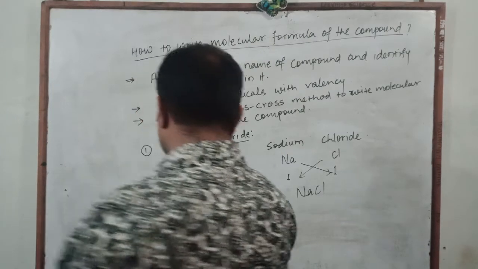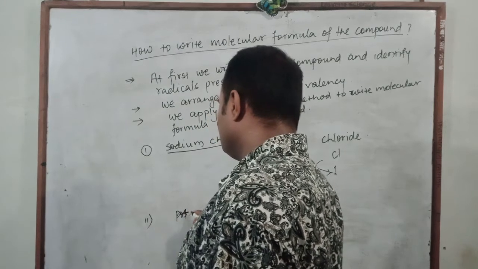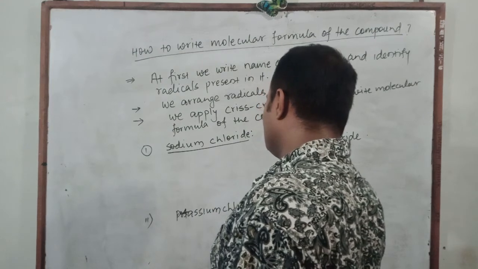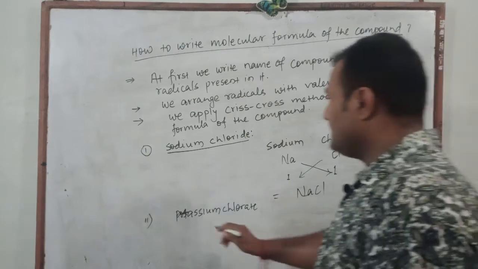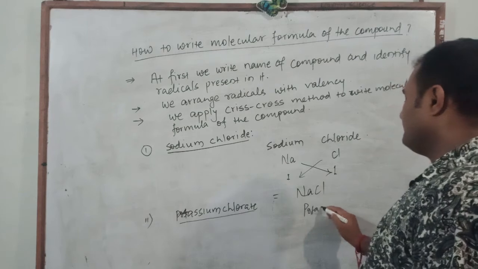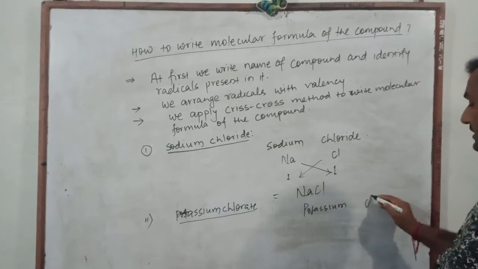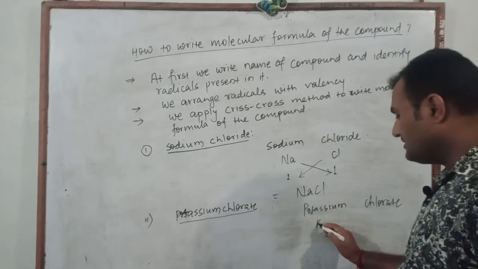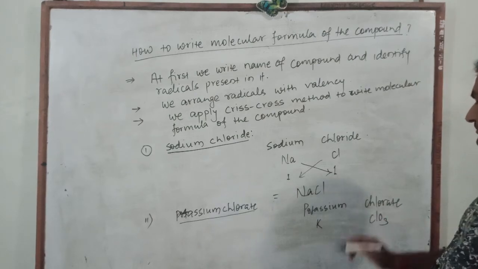Second compound, we consider potassium chlorate. That potassium chlorate compound is made up of potassium radical and the next radical, electronegative, chlorate. Potassium is denoted by K. Chlorate symbol is ClO3.